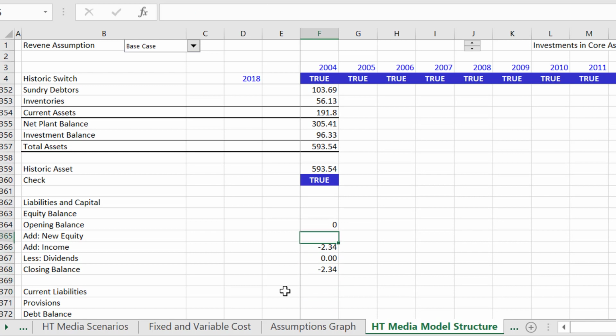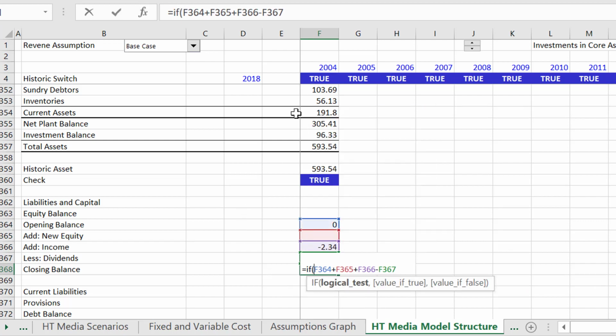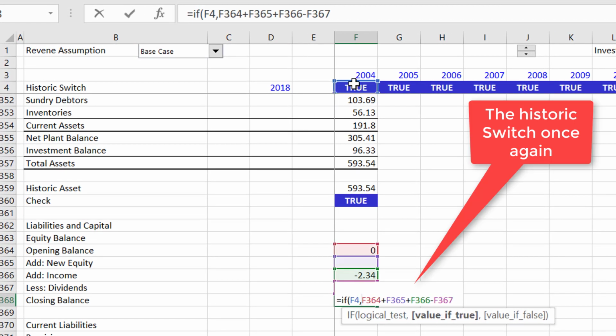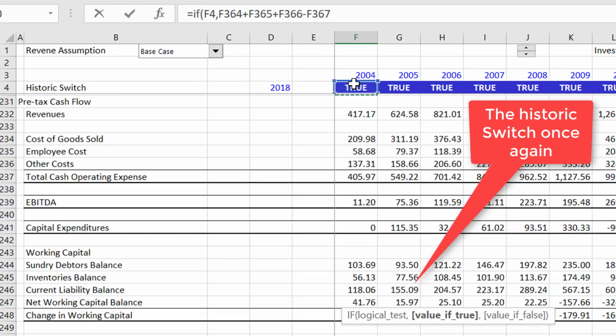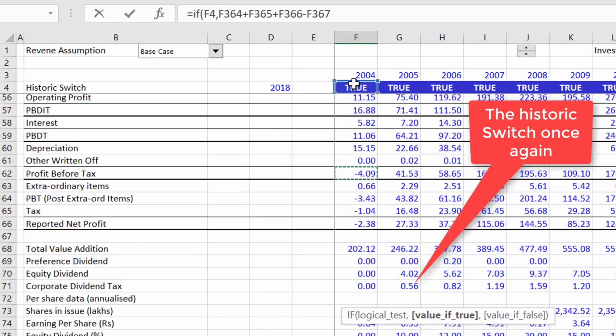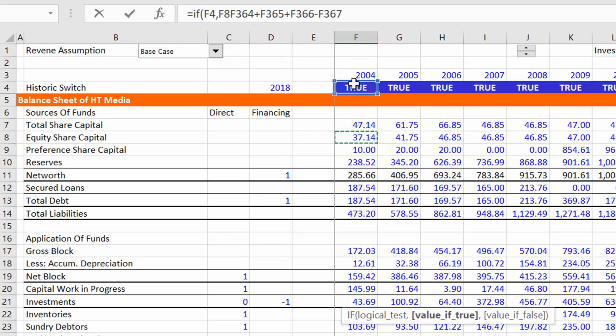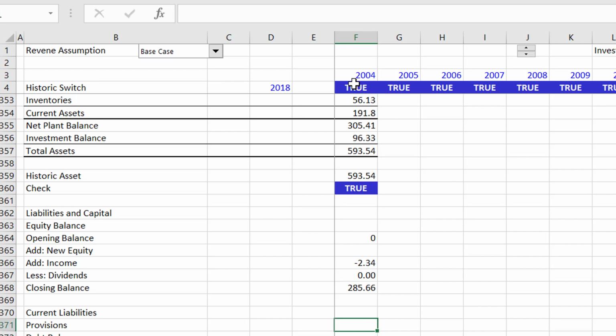and that gives us our balance of the equity. Now, I did something a little bit bad, and that's I should have put an if statement, and if it's the historic period, then we use the actual balance of the net worth. So I did that badly. Excuse me for that.